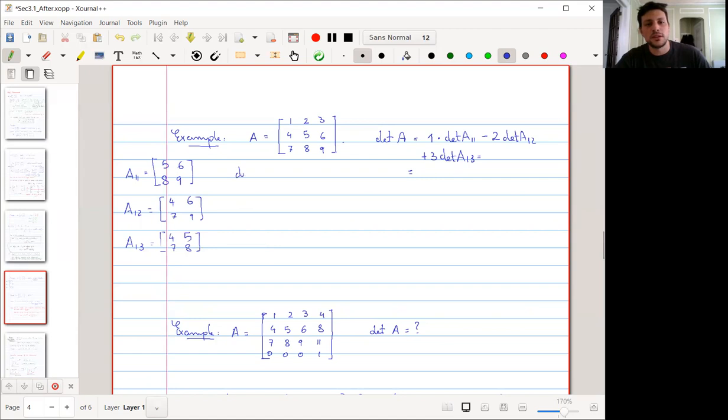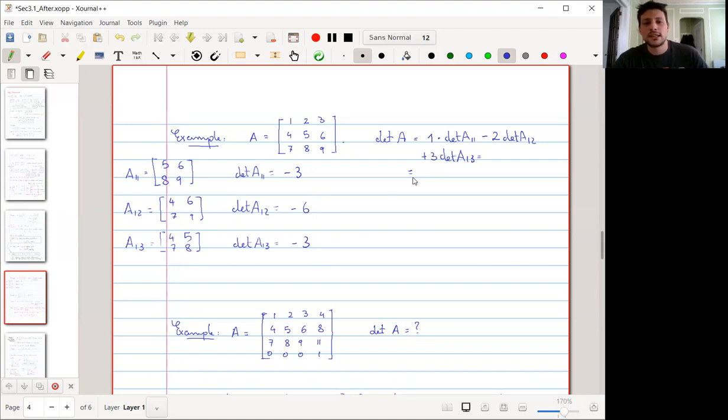Let's compute these determinants. The determinant of A11 is 45 minus 6 by 8, which is 48, so that's -3. The determinant of A12 is 4 by 9, which is 36, minus 6 by 7, which is 42, that's a -6. And the determinant of A13 is 4 by 8, which is 32, minus 35. So that's a -3. Let's plug these numbers in.